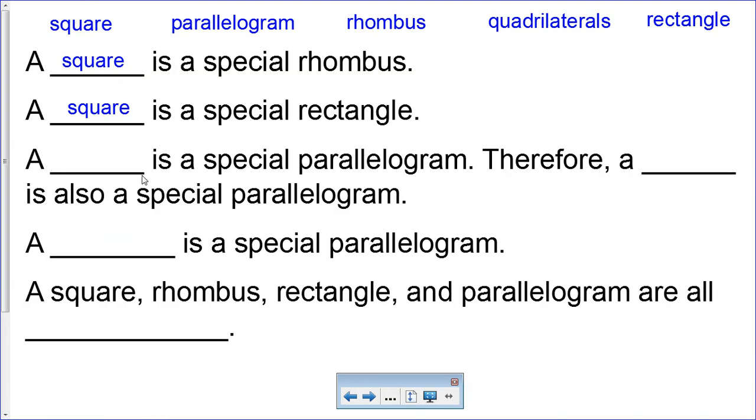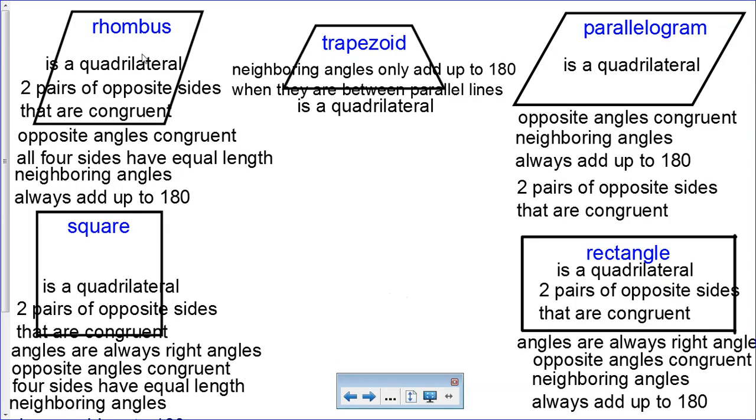Now over here, a rhombus is a special parallelogram. So I'm going to drag rhombus over here. So a rhombus has four sides that are congruent, and two opposite sides that are parallel to one another. That's true in a parallelogram.